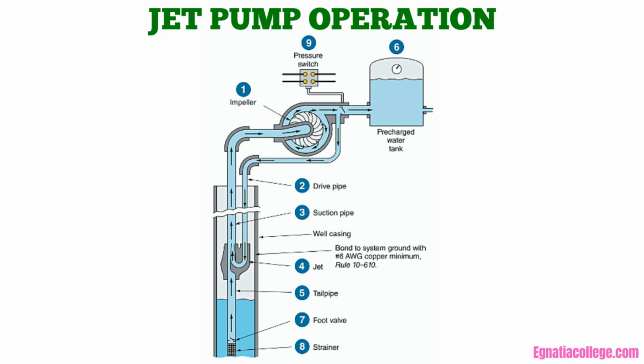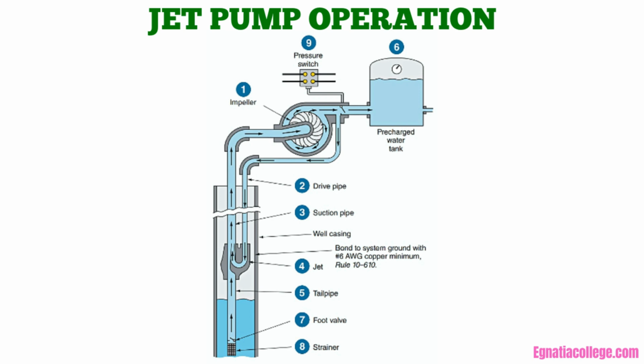The tailpipe is submerged in the well water to a depth of about 3 meters. A foot valve, circled as 7, and strainer, circled as 8, are provided at the end of the tailpipe. The foot valve prevents water in the pumping equipment from draining back into the well when the pump is not operating. When the pump is operating, the lower part of the storage tank fills with water, and air is trapped in the upper part.